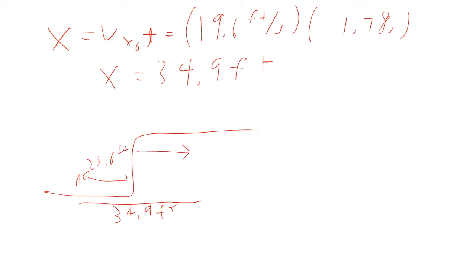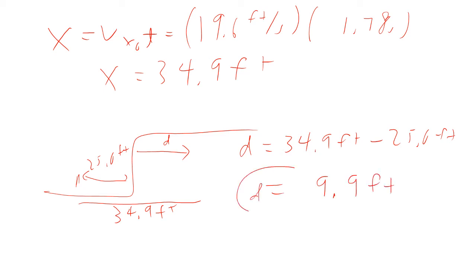So I want to know how far from the edge up here. So that distance D right up here is going to be 34.9 feet minus 25 feet. So in other words, that's going to be 9.9 feet. So it lands 9.9 feet from the edge. So that's the first thing I asked for. So that was part A of the problem.